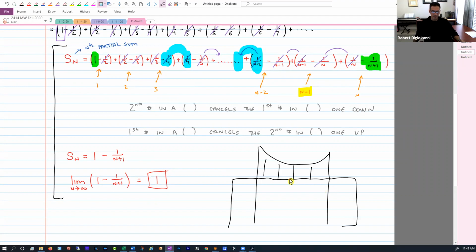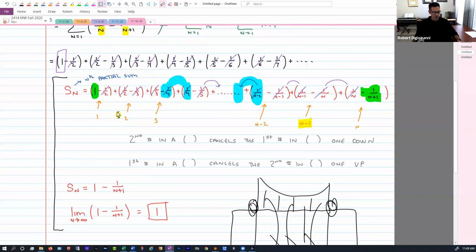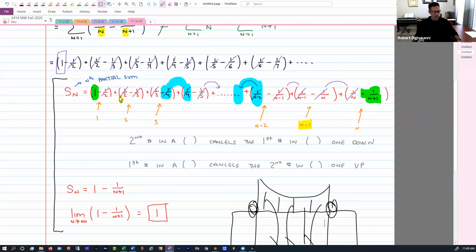If that bridge collapses, what's left? Everything in the middle falls into the water below, and the only thing left is the two ends. That's kind of what happens here. Everything in the middle collapsed away, and you're just left with the two ends. Okay, now that explains the word collapsing.